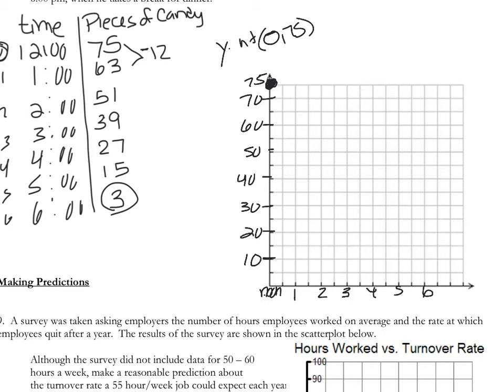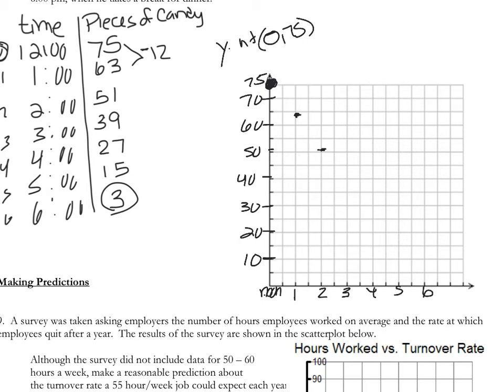Alright, at 1 o'clock, he had 63 pieces. So we go up to 60, to 65, so it's almost 60. It'll be about right here. And then at 2, he went to 51 pieces. So we'll go up to 50, just past that, it's 51.